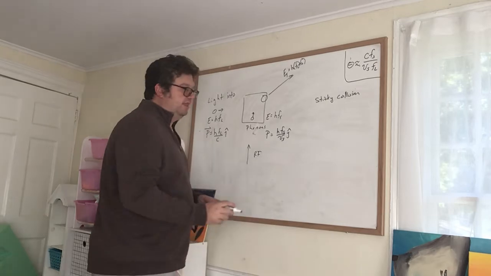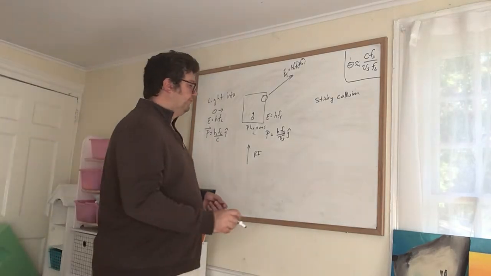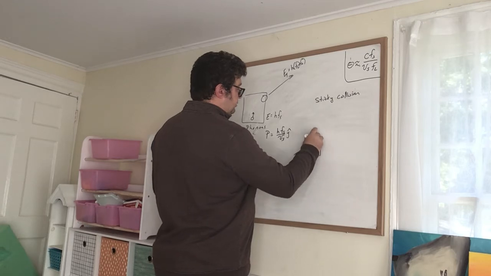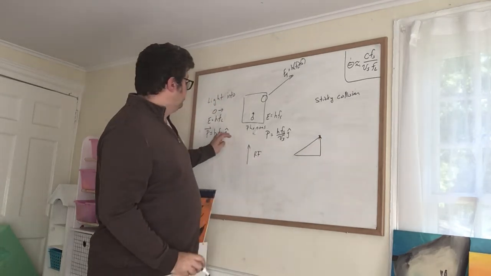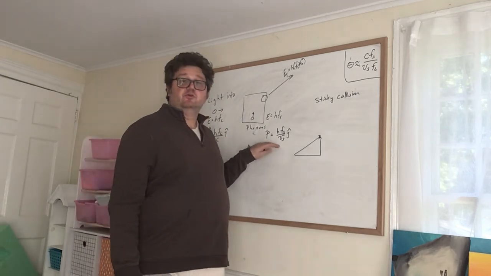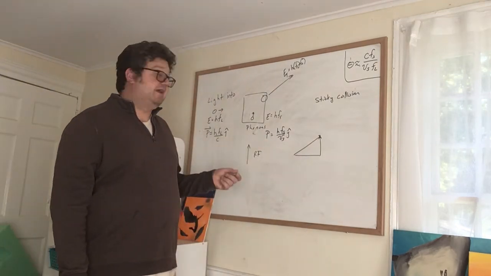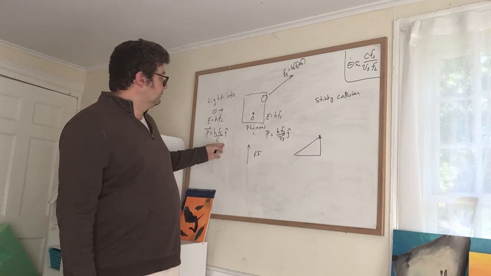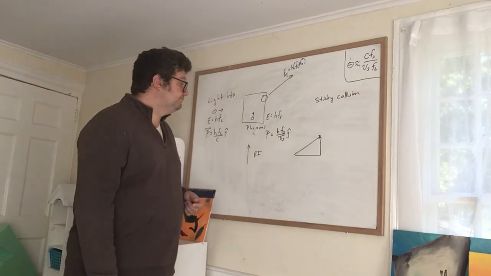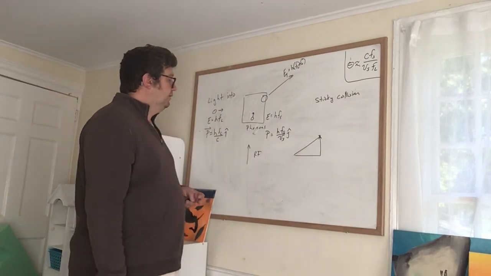So let's just look at the angle, okay? I know that the total momentum is going to be when I vector add these two terms. And I can find out what that value is by using the Pythagorean theorem, right?